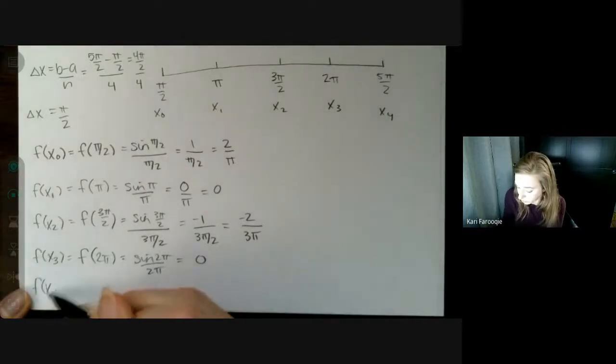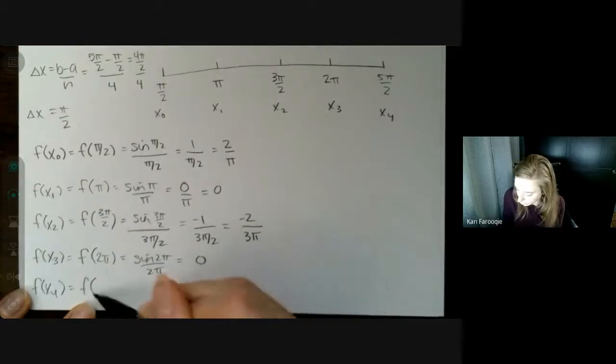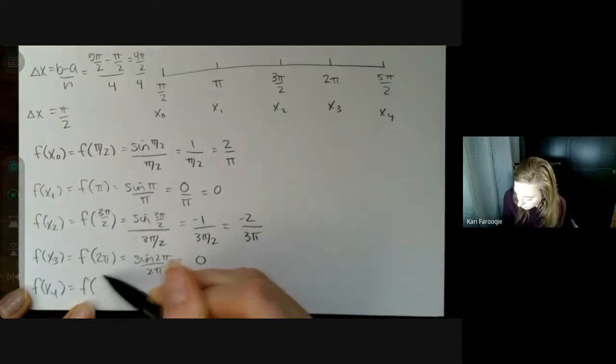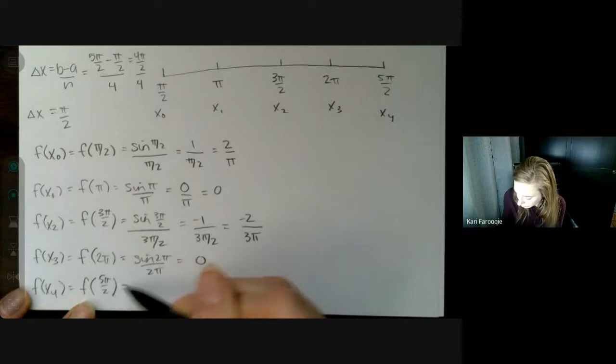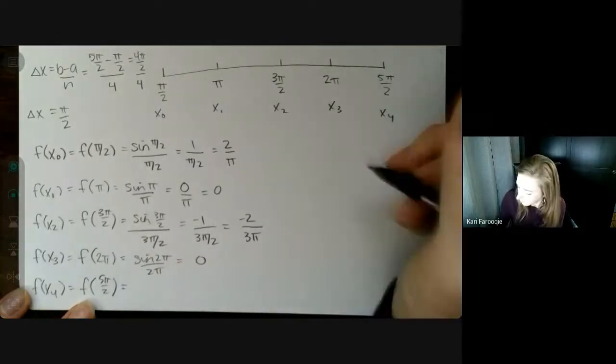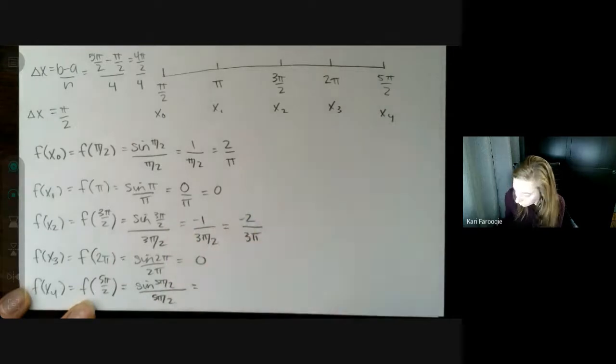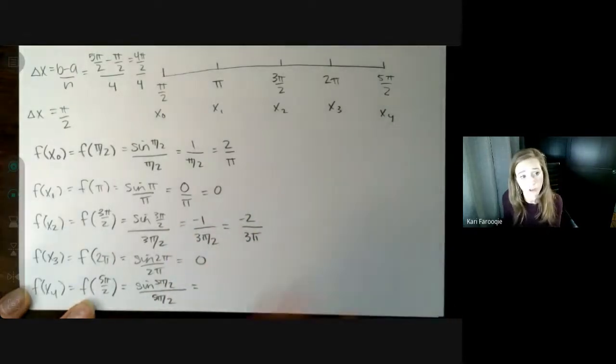And then for your last data point here, for your end point, you're doing f of 5 pi over 2, which is just coterminal with pi over 2. If it's coterminal with pi over 2, well, the sine of pi over 2 is 1.